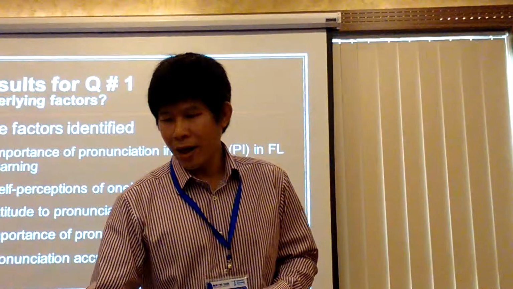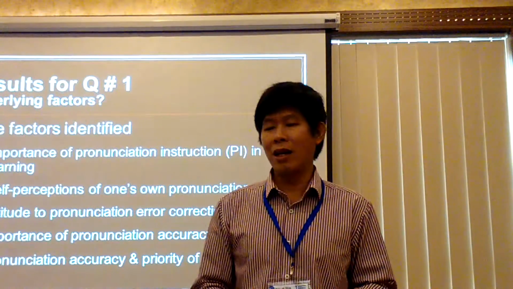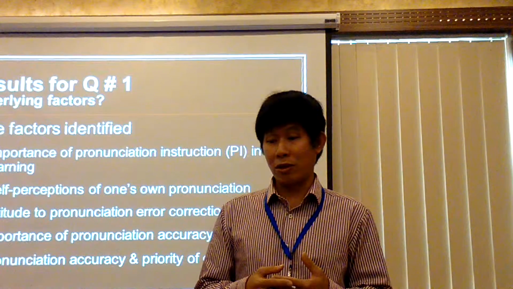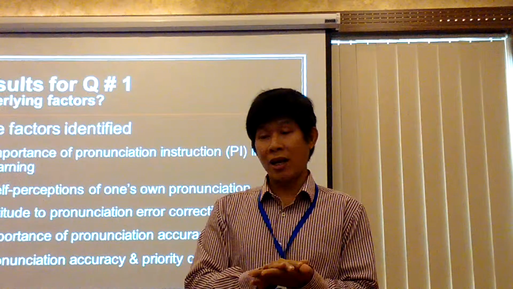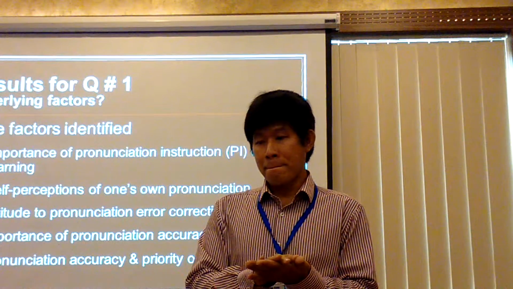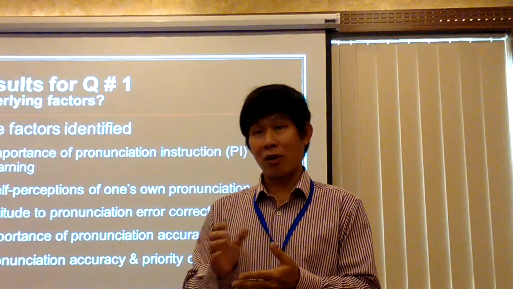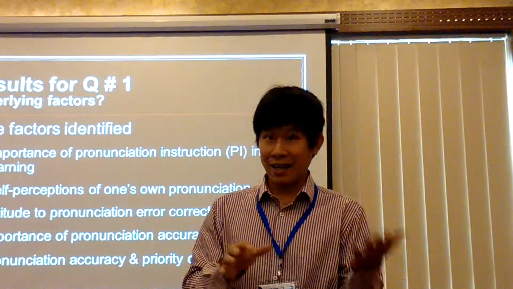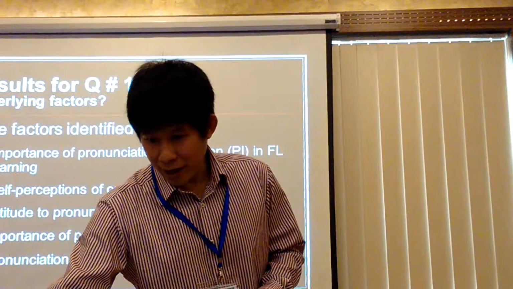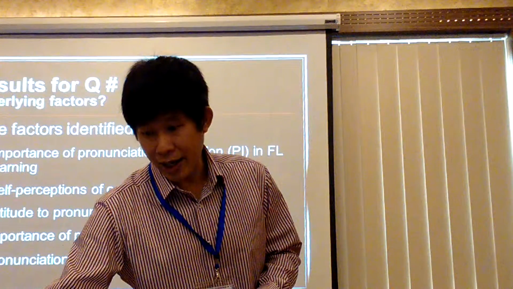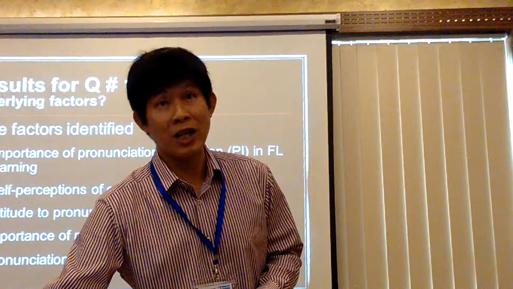Okay, you will find it very interesting to see that intermediate students think more about pronunciation accuracy than advanced and elementary level students. And the final factor is pronunciation accuracy and priority of communication.